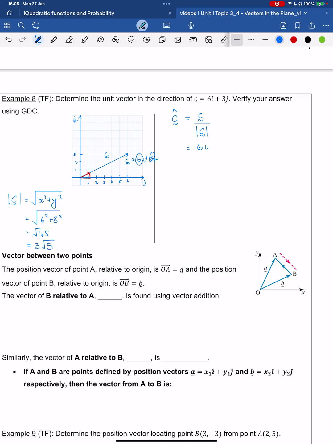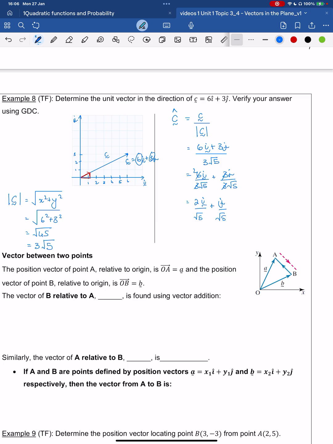So that's going to be 6i plus 3j over 3 root 5. Okay, and we can split those fractions, so it becomes 6i over 3 root 5 plus 3j over 3 root 5. We can simplify those fractions, so it becomes 2i over root 5 plus j over root 5.